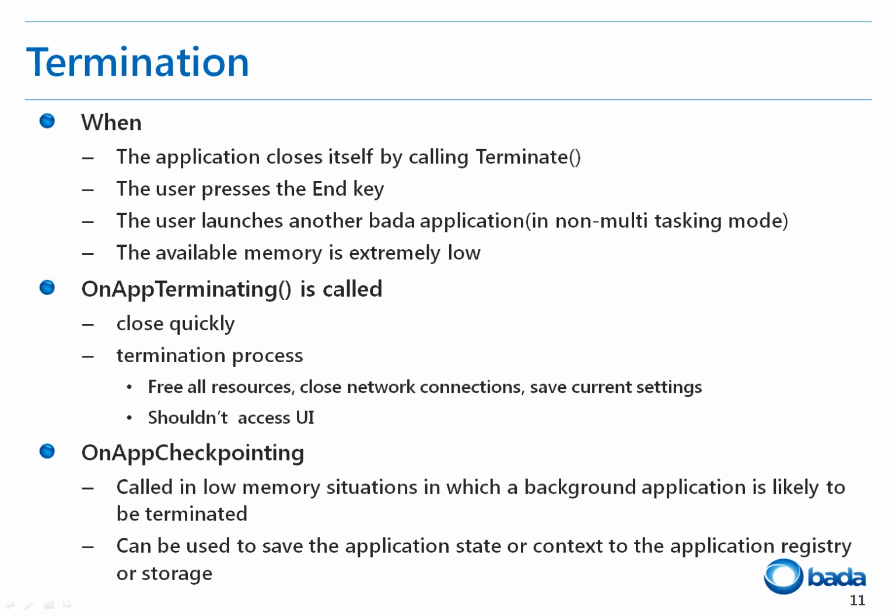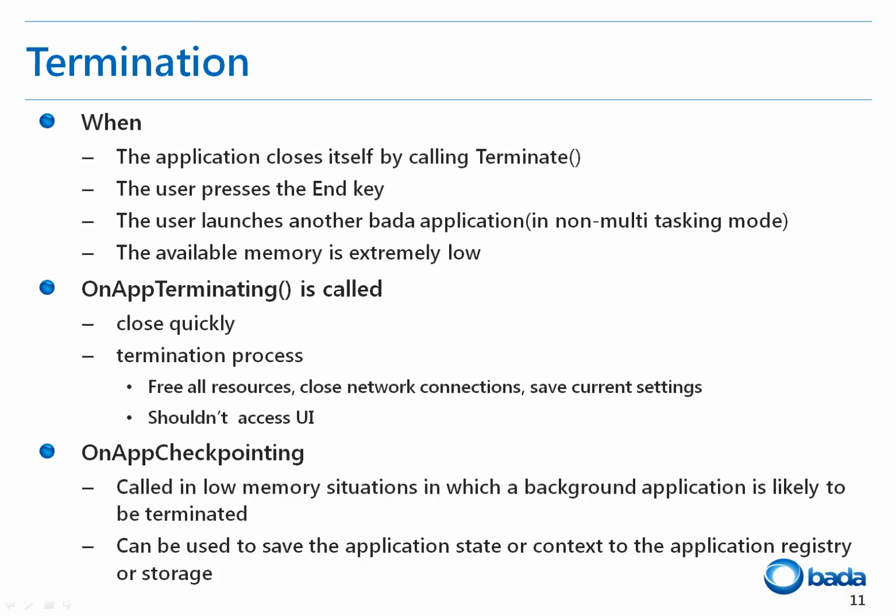An application is closed either by a user action or when the system forces it to shut down. User actions can be any of the following. When the bada application itself calls the Application Terminate method, the application is terminated.